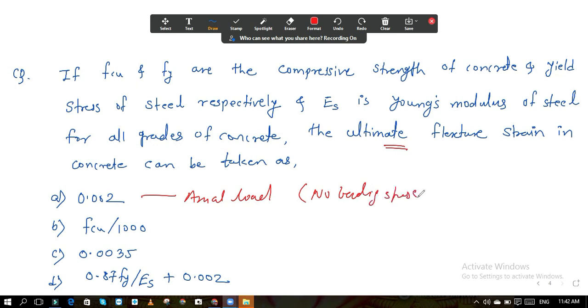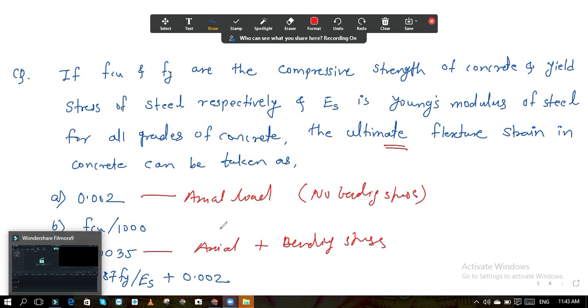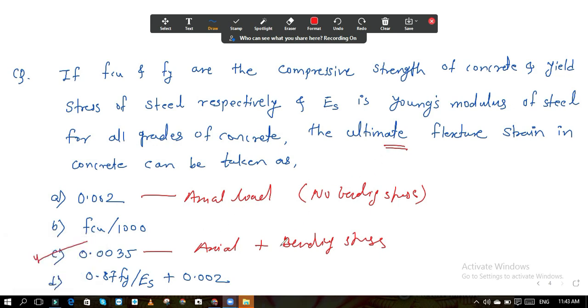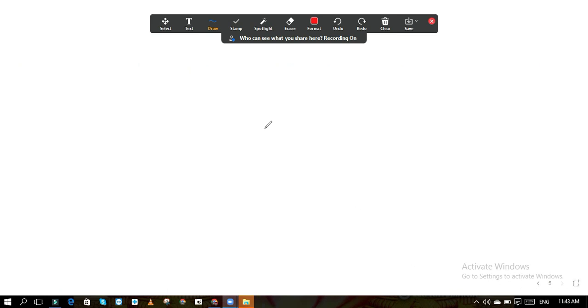Okay, this is the maximum value when no bending stress is there, and this is the maximum value when axial is also there plus bending stress is also there. So your answer must be 0.0035. They have asked us the ultimate. Okay, so this is the maximum 0.0035. So the next question.